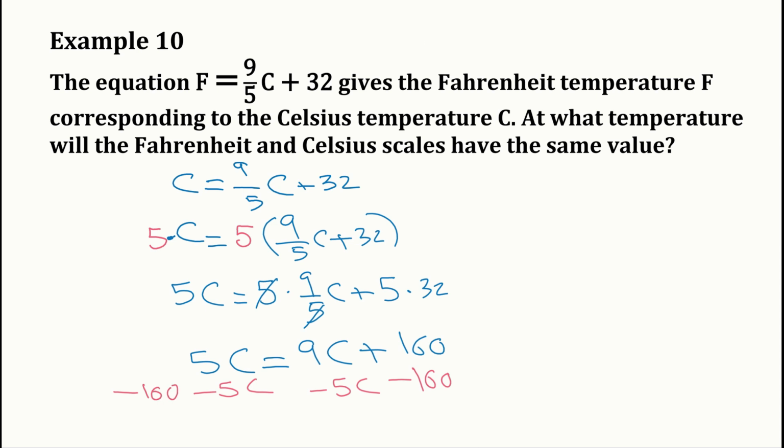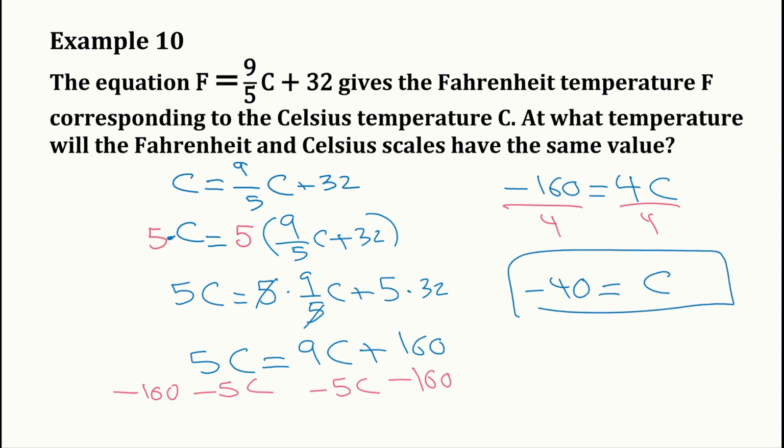So we end up with negative 160 is equal to 4C. All right, so now we divide both sides by 4. And we end up with C is equal to negative 40.